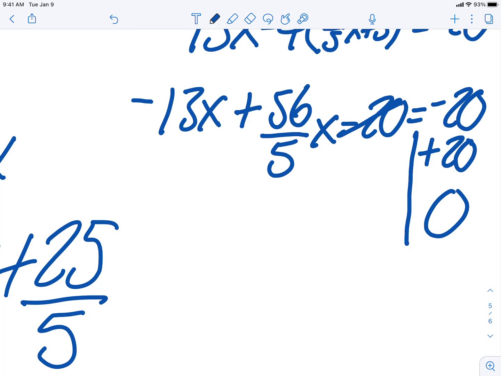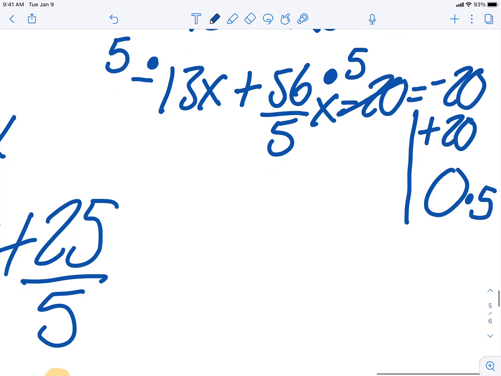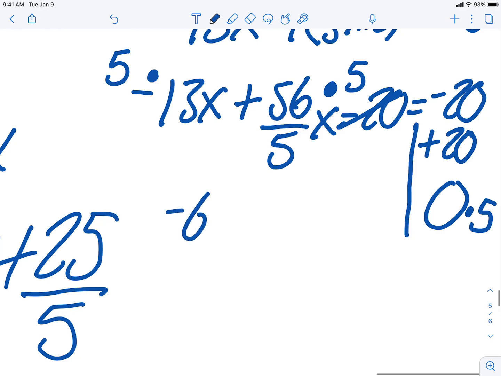But you know what? This 5 here is bothering me. So the opposite of dividing by 5, I'm going to cancel it out, is times 5. But if I do times 5 to there, that means I have to do times 5 here to the 0 and times 5 here to this negative 13. So 5 times negative 13 is a negative 65x plus 56 times 5 is 280x.